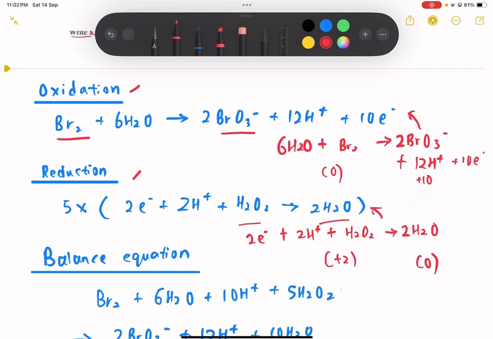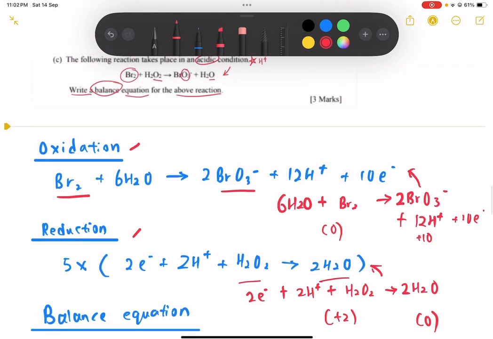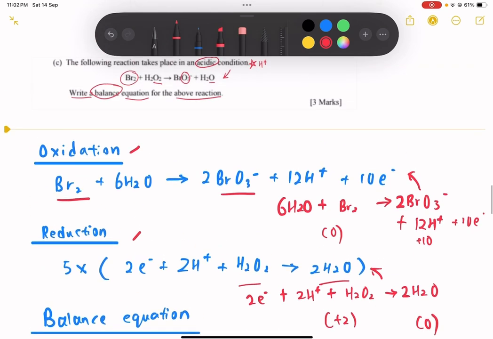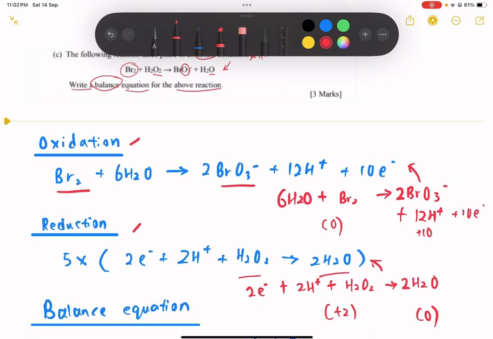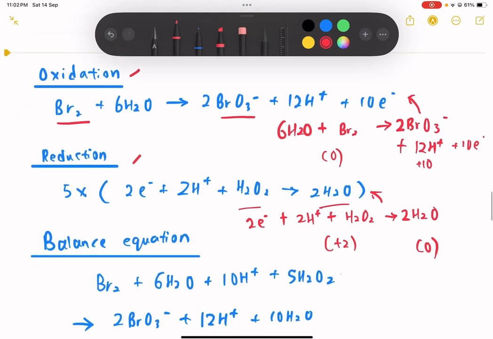Okay, so finally we have to write a balanced equation for the above reaction. So we can simply combine the oxidation and the reduction together. But before that, we have to make sure the electron numbers are the same.